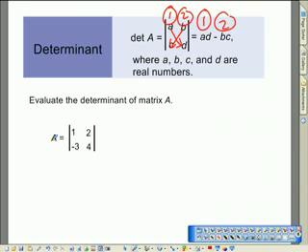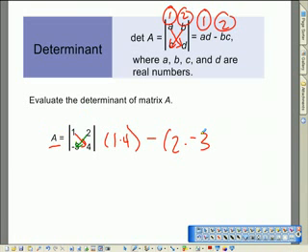So here I've given you matrix A, and we're going to find its determinant. First I'm going to cross multiply this way and do 1 times 4. And from that I'm going to subtract the value of multiplying that way, 2 times a negative 3. So I'll multiply and then I subtract by the order of operations rules.